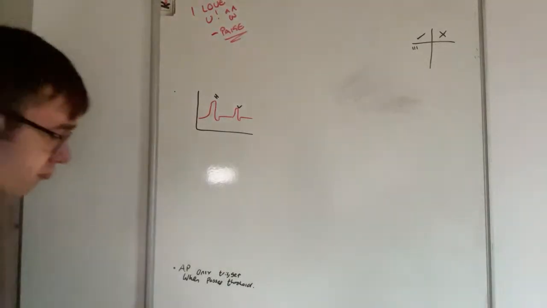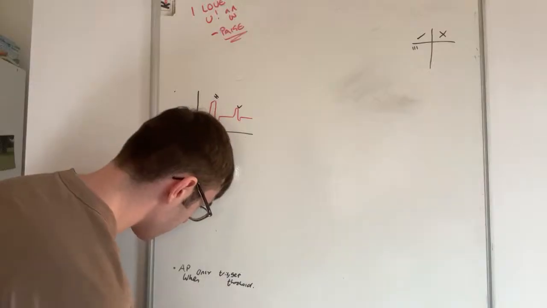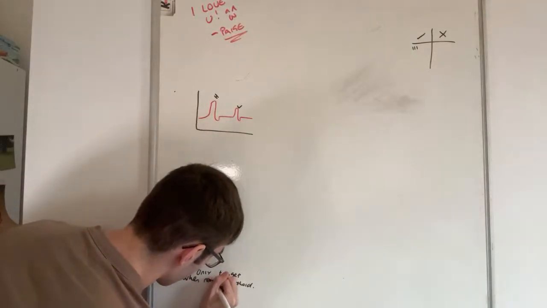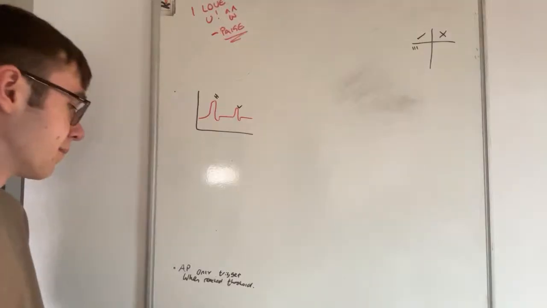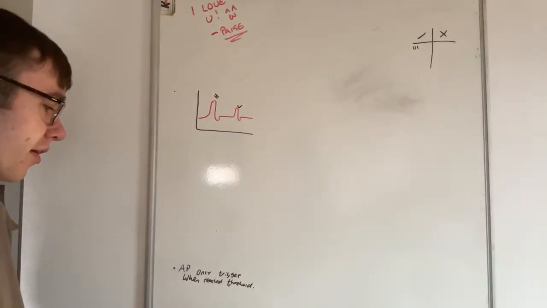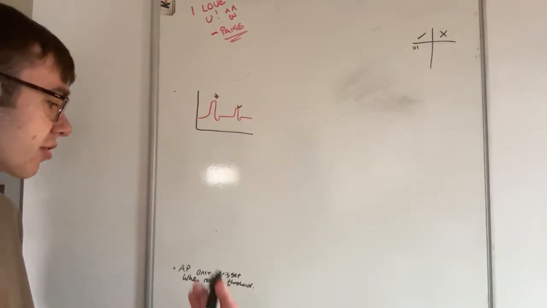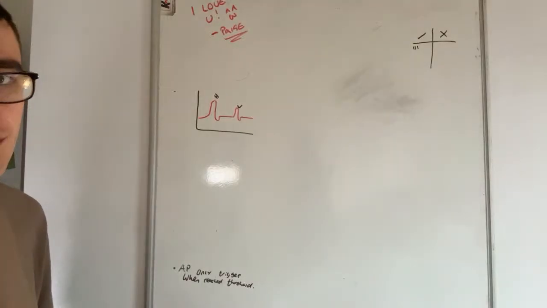When the threshold is reached. So that is a very simple definition. The all or nothing principle is when the action potential is only triggered when the threshold is reached.